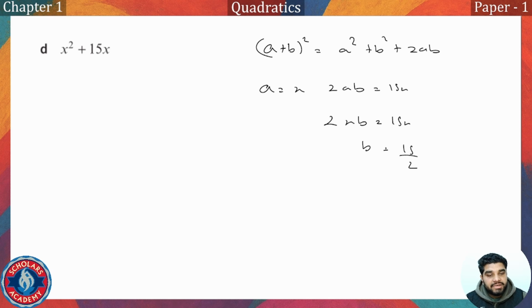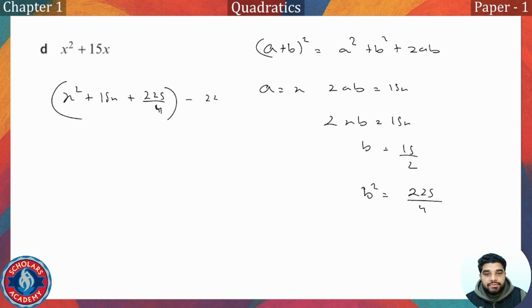So if b is 15 by 2, b square is equal to 225 by 4. So we'll use this. So x square plus 15x plus 225 by 4 and minus 225 by 4. We are subtracting this so that the equation remains same.